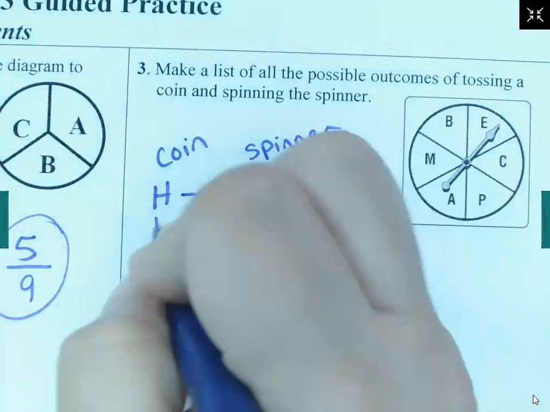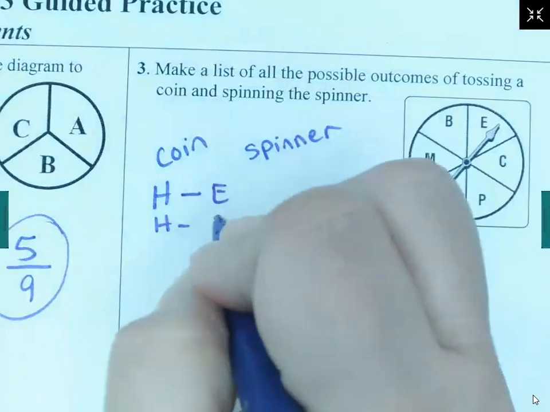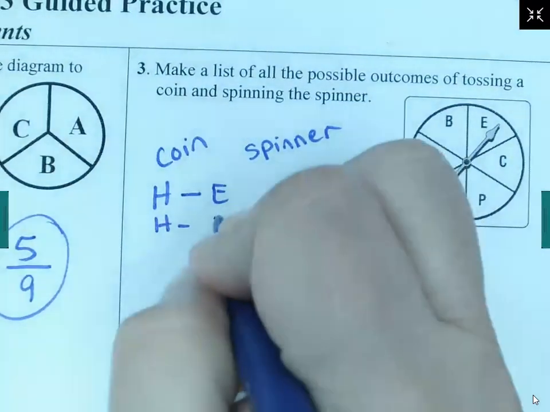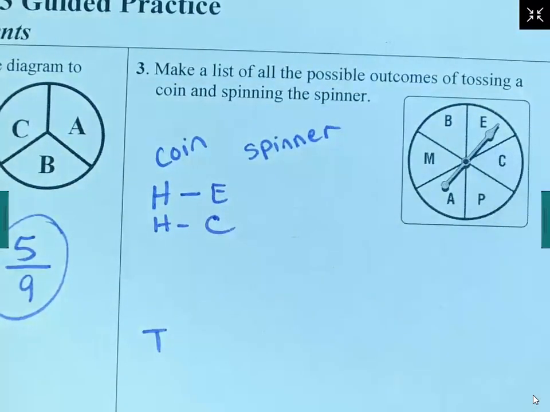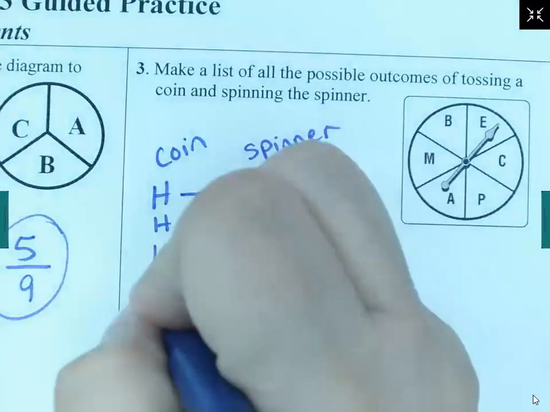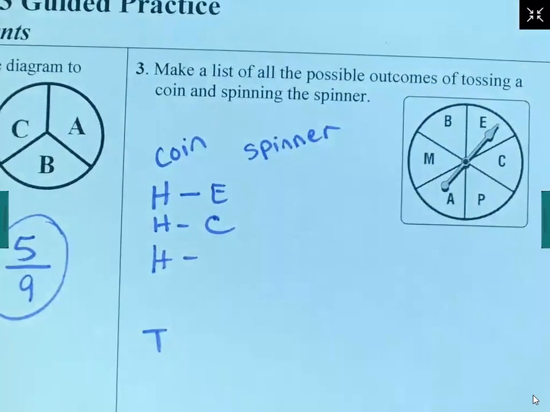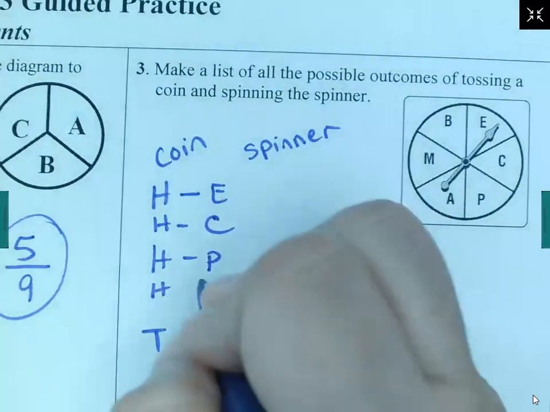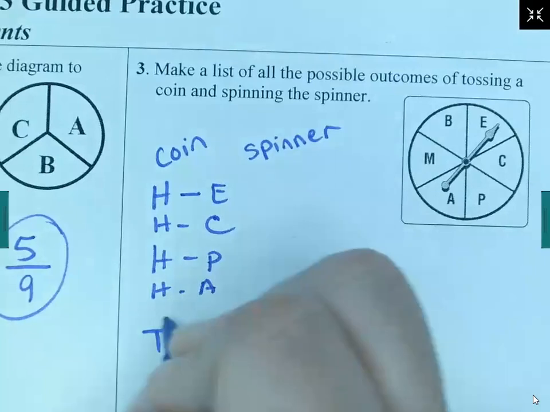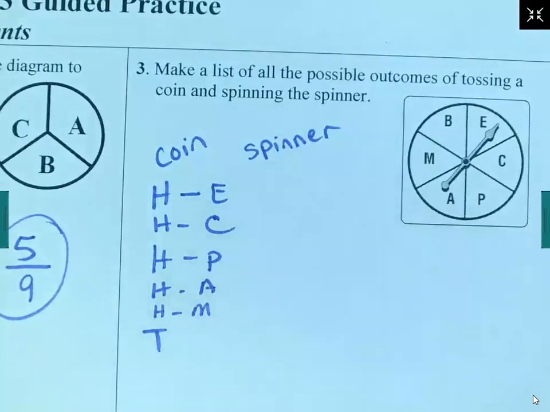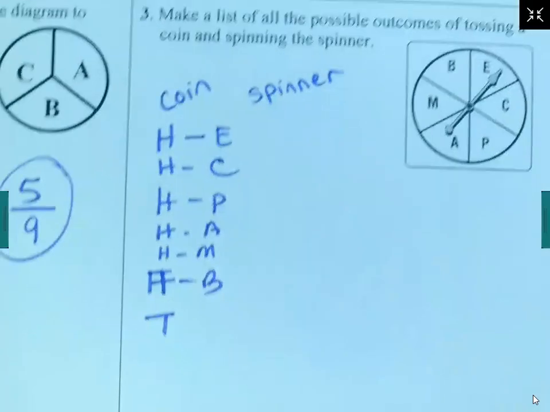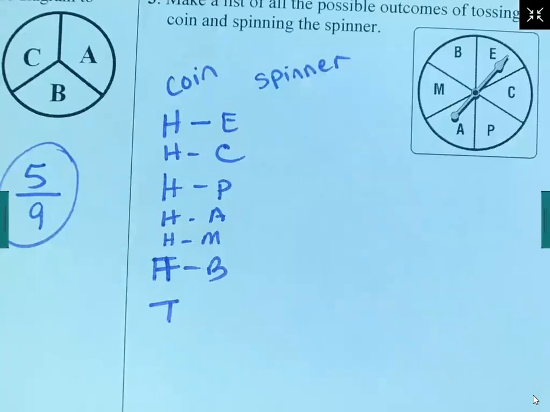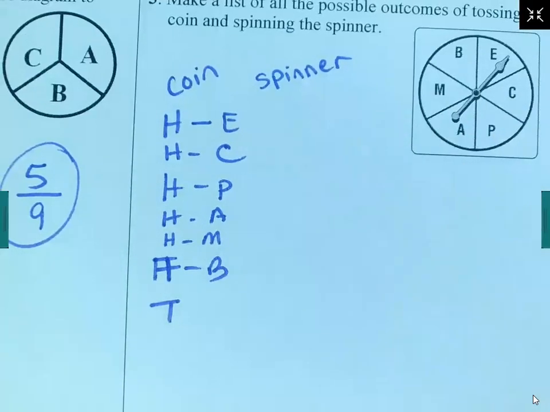Okay, so I could get heads and then E, or heads and then, we're going around clockwise. Heads and then E, heads and then B. And it doesn't have tails to the side.